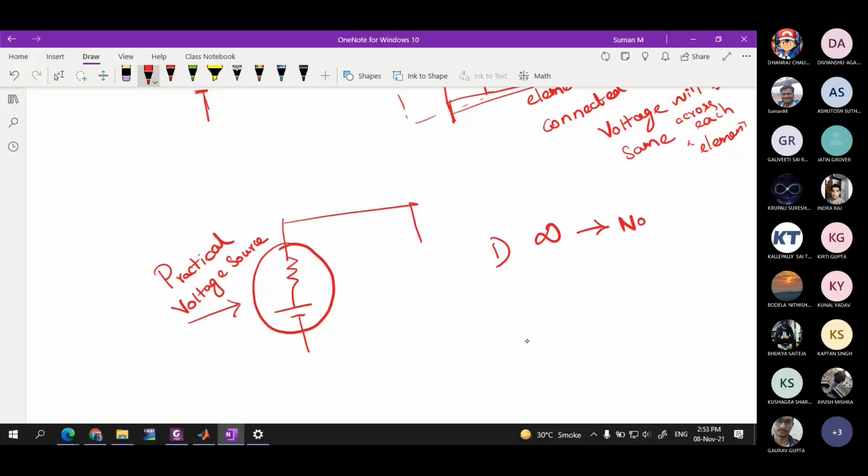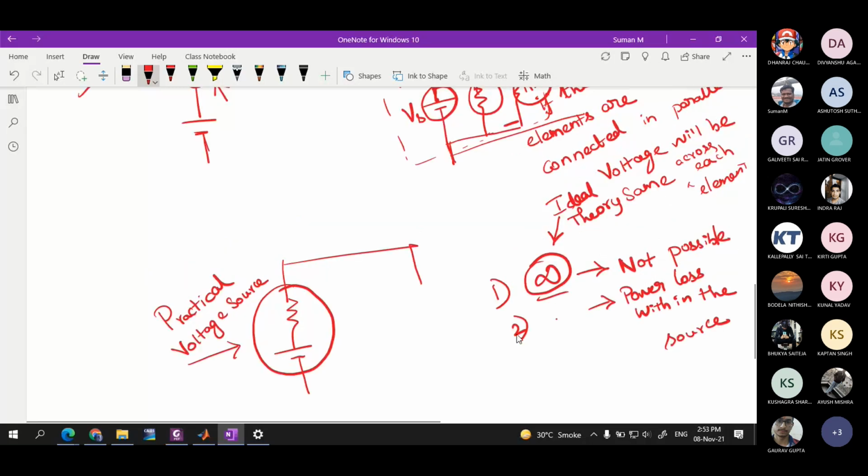Here it is not possible. For a practical source, due to its limitation, it is not possible to supply infinite amount of current. This is possible only for ideal condition and only in theory. And the second thing is, here power loss is there within the source itself.